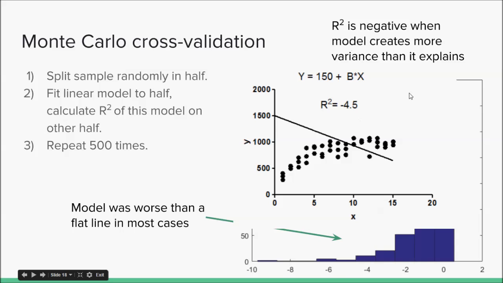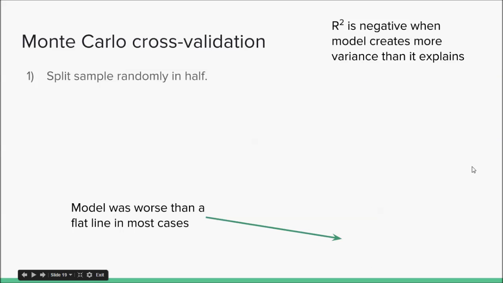So r-squared is typically negative when the model actually creates more variance in the data than it explains. So it just generates a bunch of predictions which are completely off and don't really account for any variance in the data.